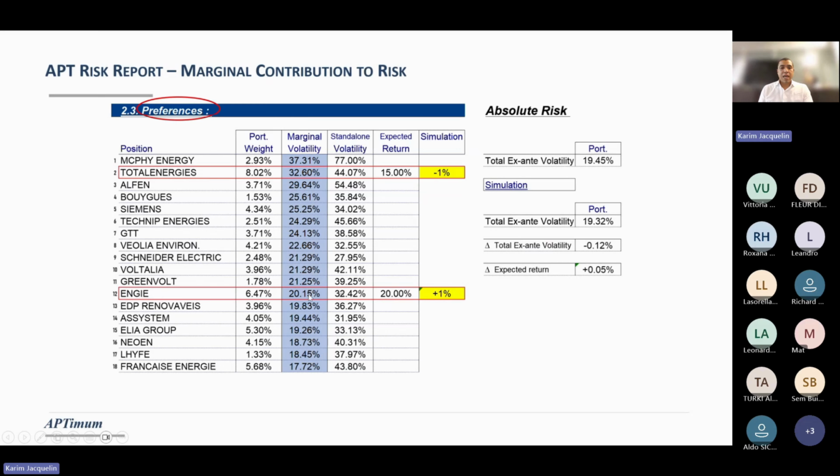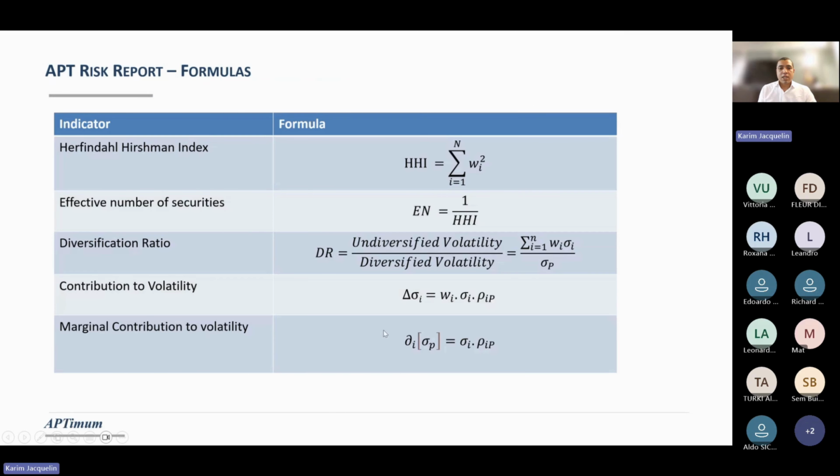So I'm safe at increasing the weight of Engie and selling GTT because it would not deteriorate my portfolio volatility. On the opposite, it will reduce my portfolio volatility, and at the same time, it will increase my expected return. So this is marginal contribution to volatility. I give you the formula in this table.